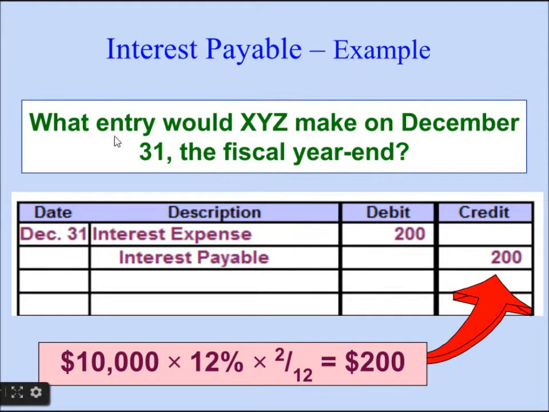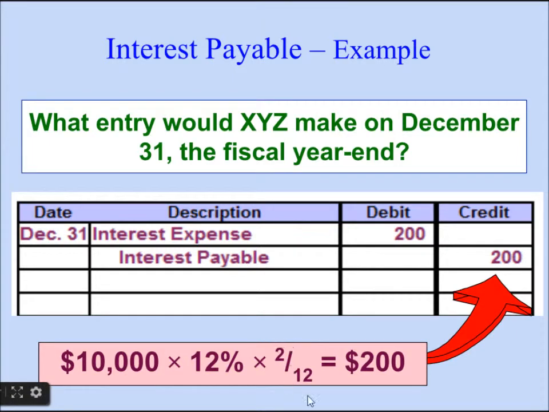Interest payable example. Let's see another example to understand interest payable. What entry would XYZ make on December 31st, the fiscal year end? It started from November 1 until December 31st. There are 2 months, so how can we calculate the time? 2 divided by 12, where 12 is the total number of months, and 2 months is the period for which we have to calculate the interest expense.